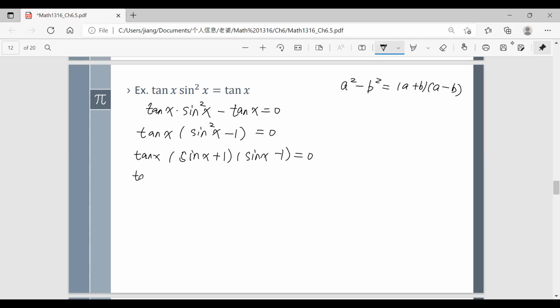That means tangent x equals 0, or sine x plus 1 equals 0, or sine x minus 1 equals 0. Oh, sorry, I need to do it step by step.